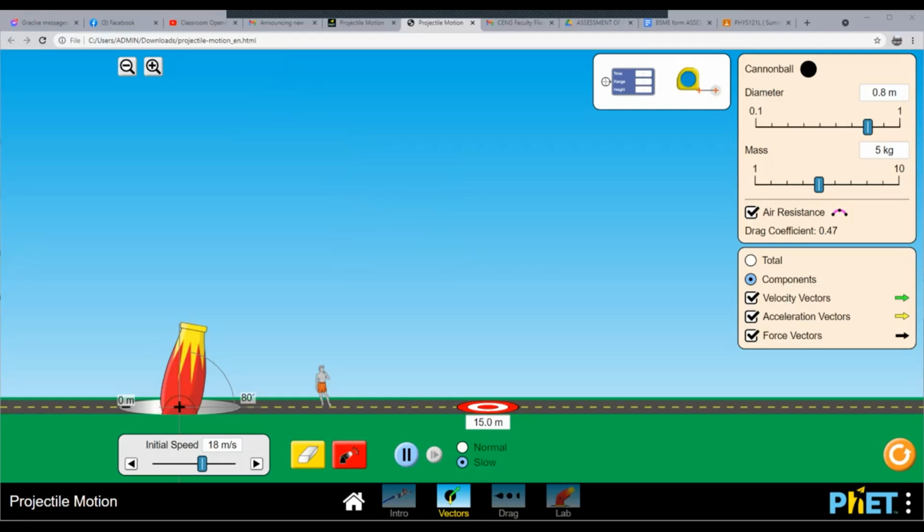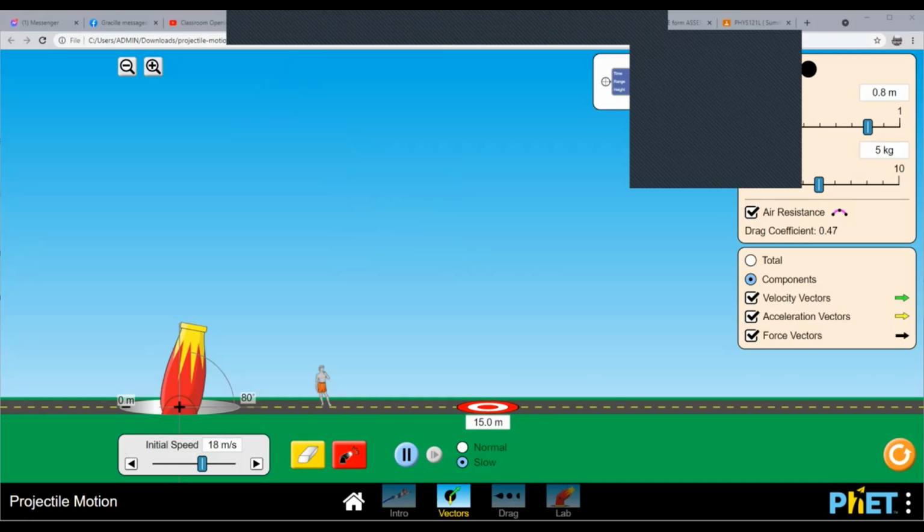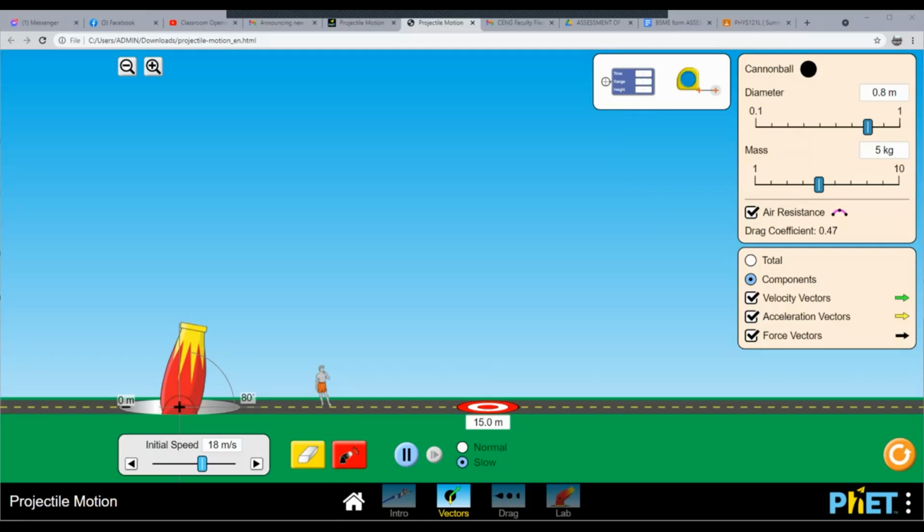So let us try. With an initial speed of 18 meter per second, let us see what will happen to the projectile. Okay, so you would notice while we are doing the slow motion, ulit natin yan.